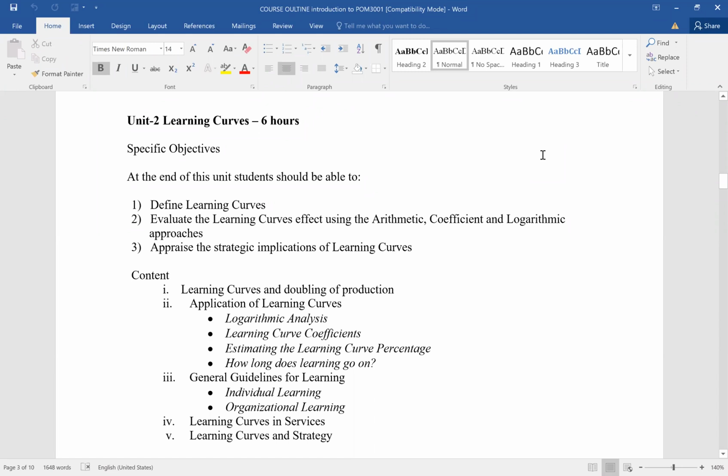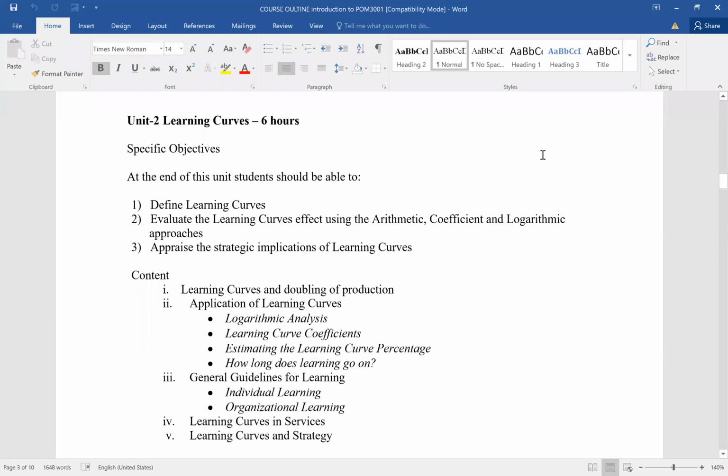That you're going to produce subsequent units at a much faster rate, or it takes you a shorter time to produce other units after you've done the first unit. So that's what the learning curve is all about, right? So we're going to be looking at defining learning curves, evaluating the learning curves' effect, and we're going to be using some different methods.